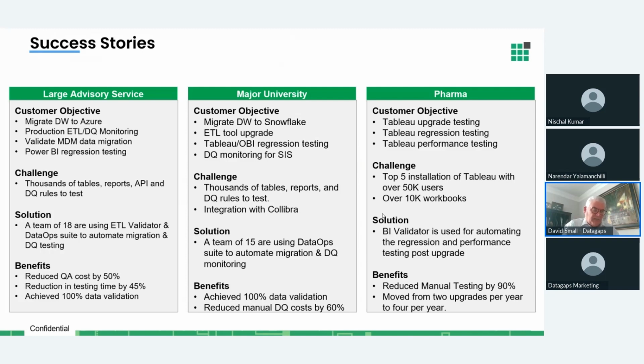And compliance people would need to look at this information, and it had to be 100% accurate. So they got 100% data validation. Their cost of their manual testing went down by 60%. So very good success story for them and for Datagaps.